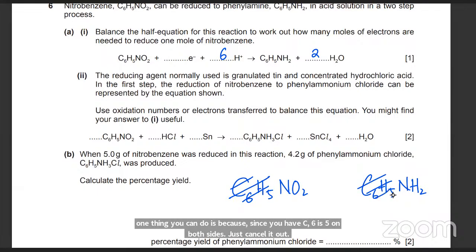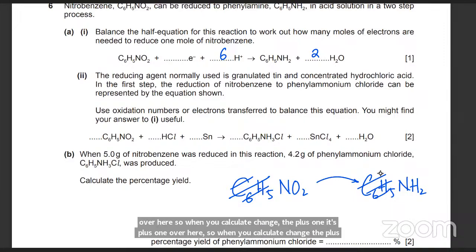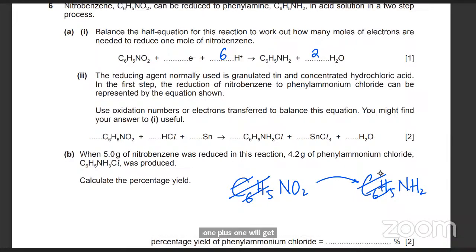When you calculate the change, it won't have any role. Even if this was +1, it's +1 over here too, so when you calculate the change, the +1 will get cancelled out. So do you get the idea? I've already cancelled it out just to simplify things. Is that part clear? Yes sir.